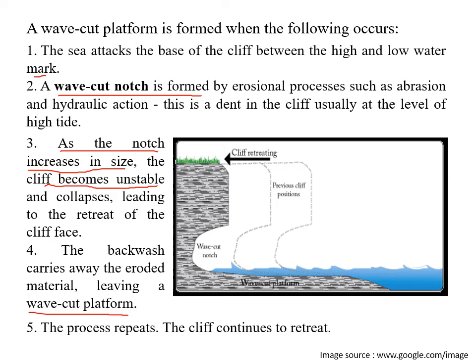Due to the repeated occurrence of these processes and the effect of wave erosion in these cliff sections, gradually the cliffs exposed in the coastal areas retreat. So they go far inland due to these wave cut processes.